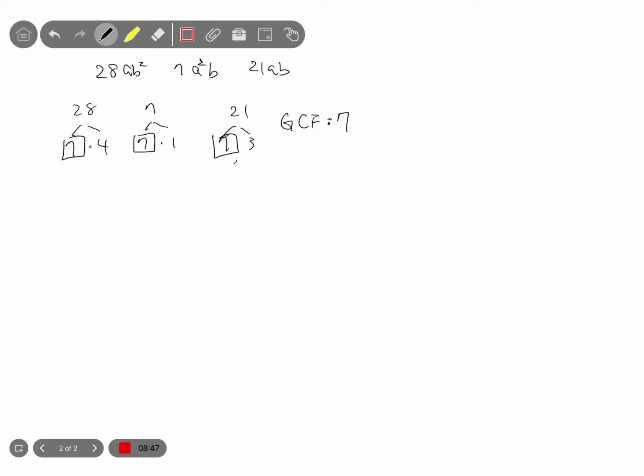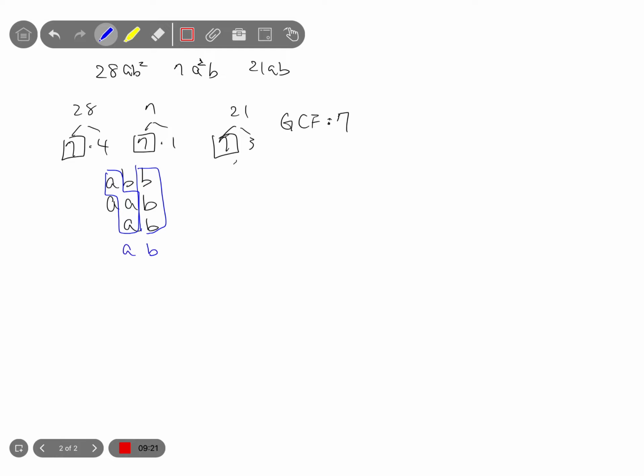Okay. Now let's look at the letter part. From the 28, you have AB squared. From the 7a squared b, you have AAB. For 21ab, you only have AB. So notice, the only thing we have that's in common is B. Actually, I lied. B and A. Okay, they have an A here and they have a B here.